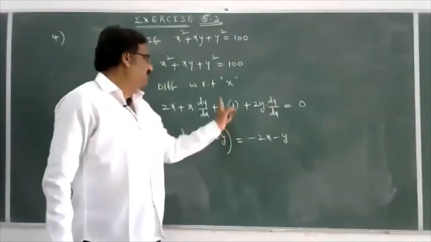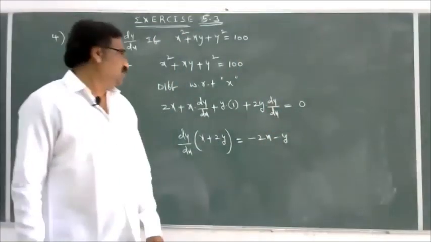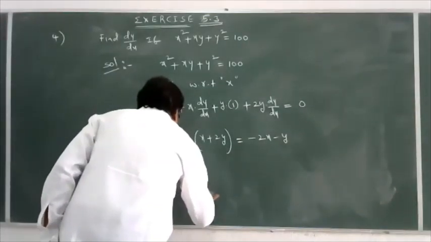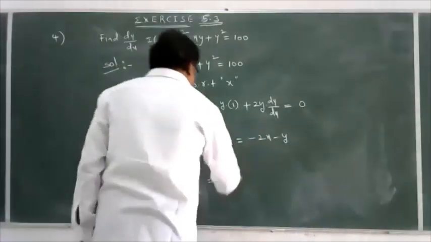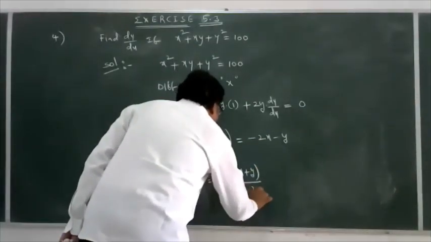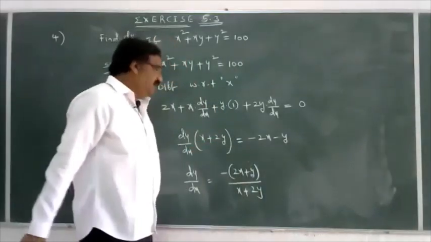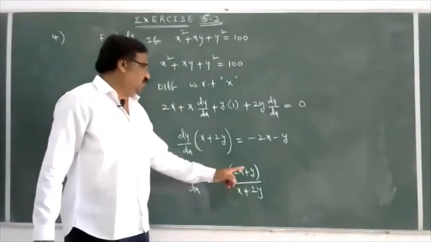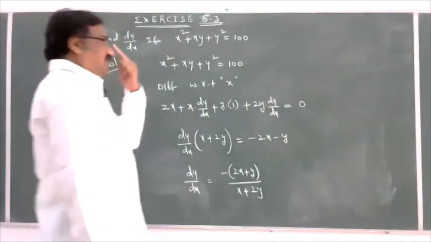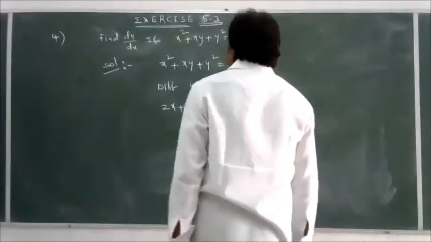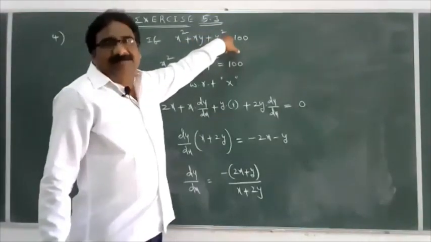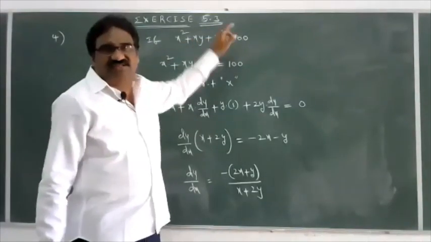That is dy by dx is equal to minus of 2x plus y by x plus 2y. This is the differentiation of the given implicit function. This problem is given many number of times in the final examinations.